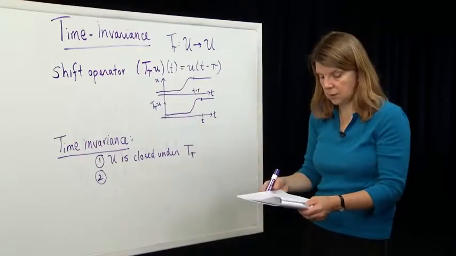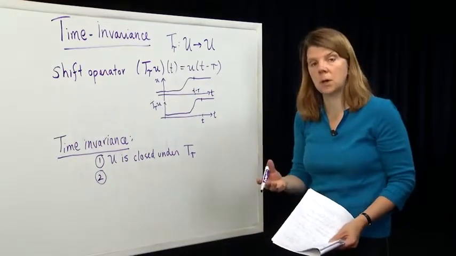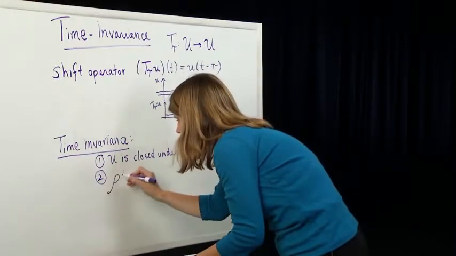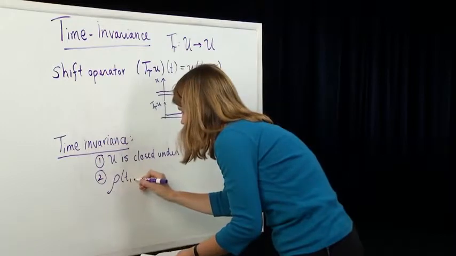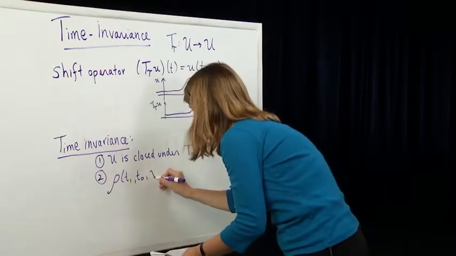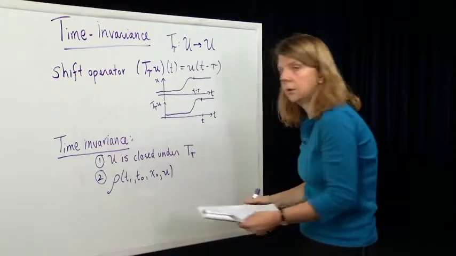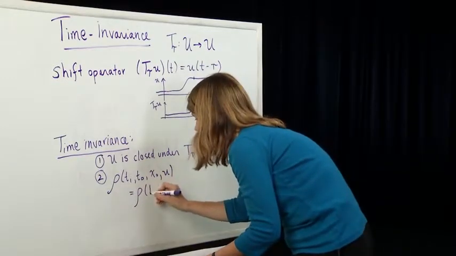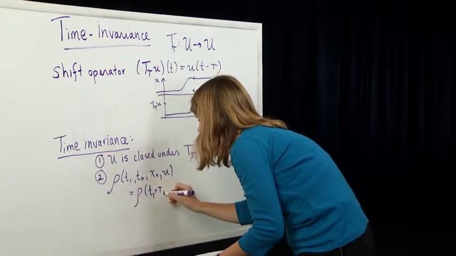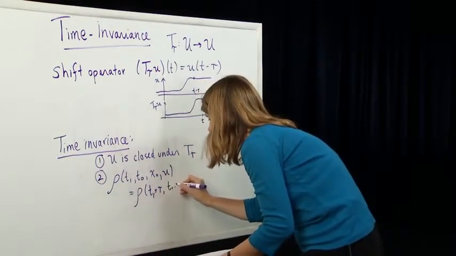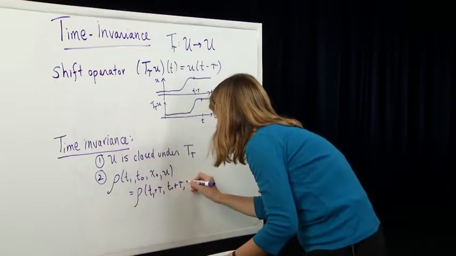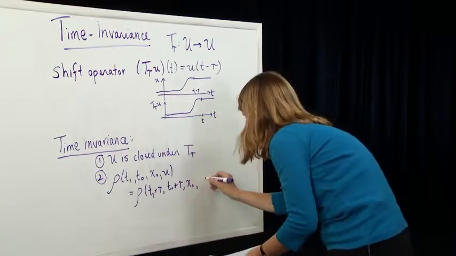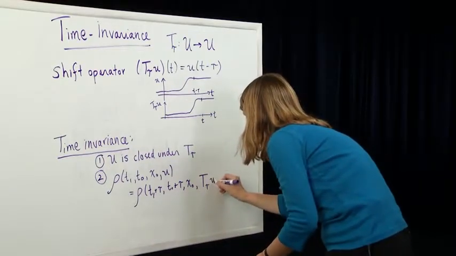And then in order to define what we mean by a time invariant system, again, we define it in terms of the response function. So we say that the response at time t1, given that we started at time t0 at state x0 with input u, is equal to the response at time t1 plus tau, given that we started at t0 plus tau, with the same initial condition that we started with previously, and with the shifted input, T_tau of u.